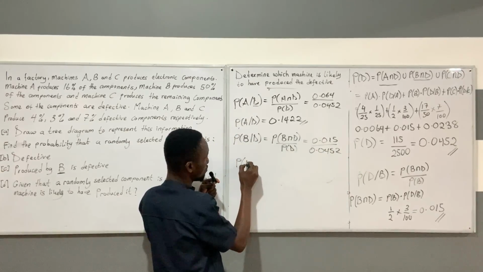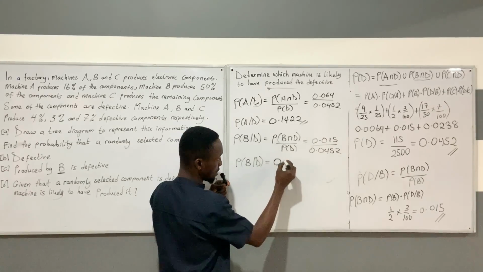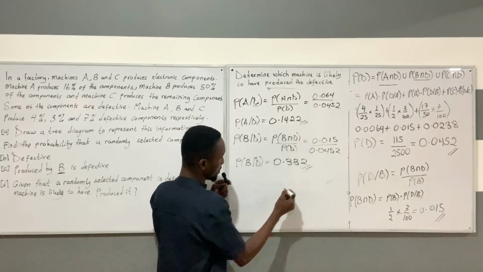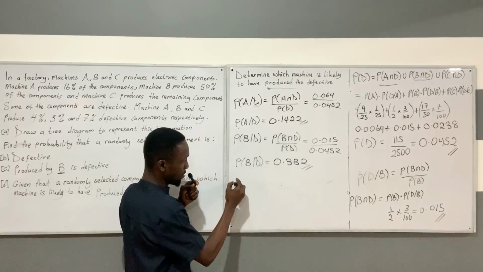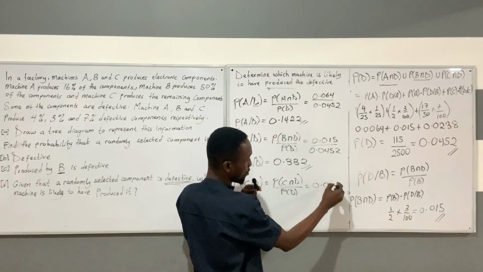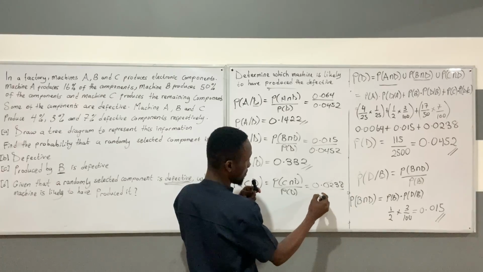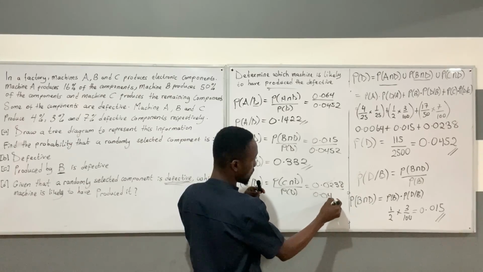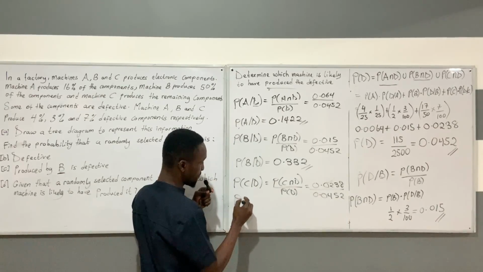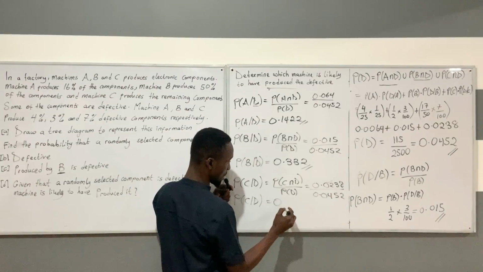So probability of B given D occurred gave us 0.332. Then we move on to the last one. This is giving us 0.0238 out of 0.0452. And when we divide that, we have P of C given D occurred is giving us 0.526.